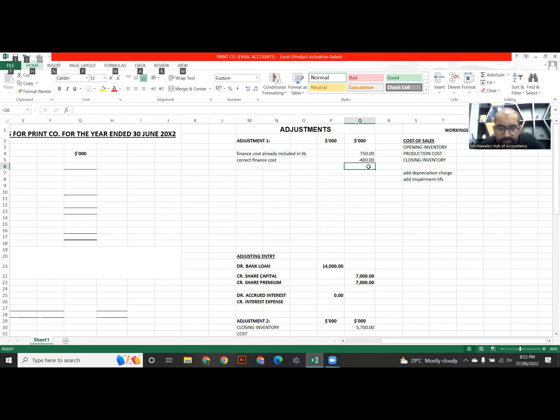Let's take the difference. This 350 is the reversal of finance cost.